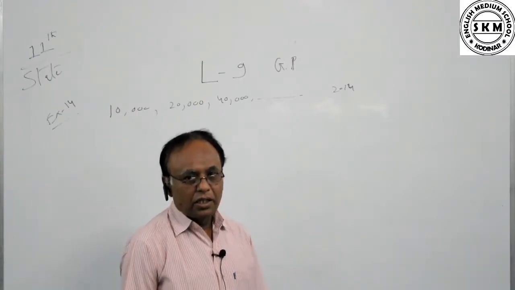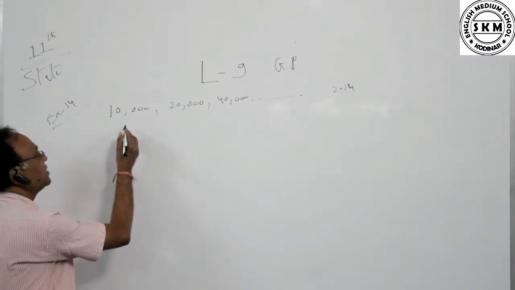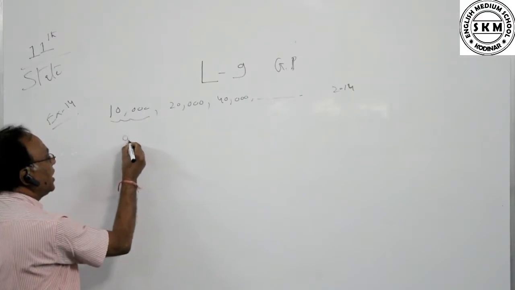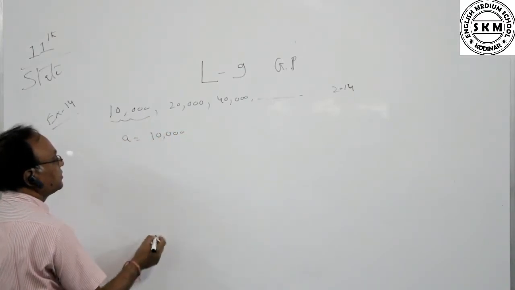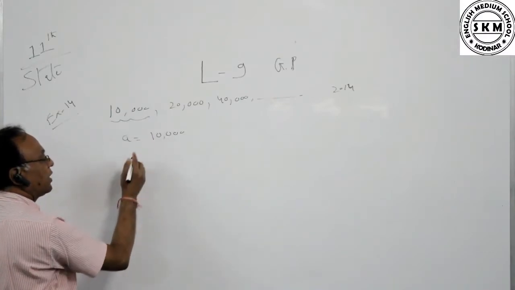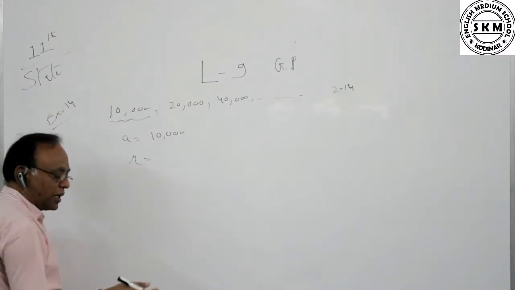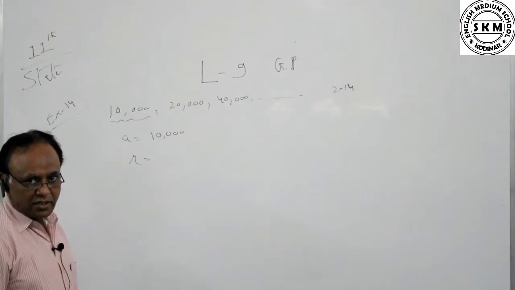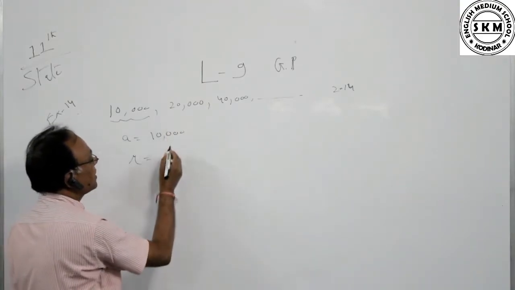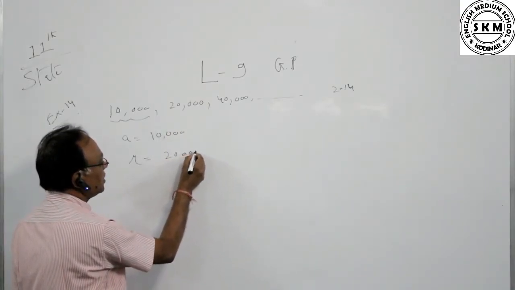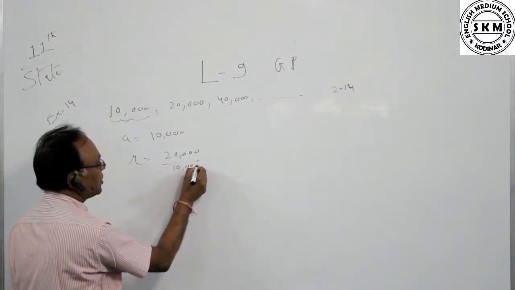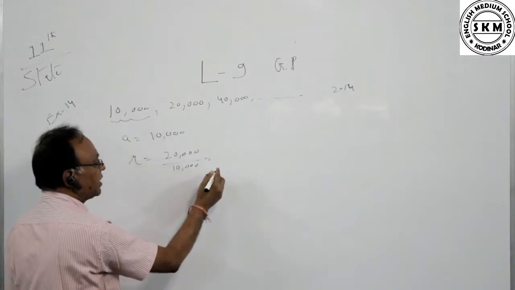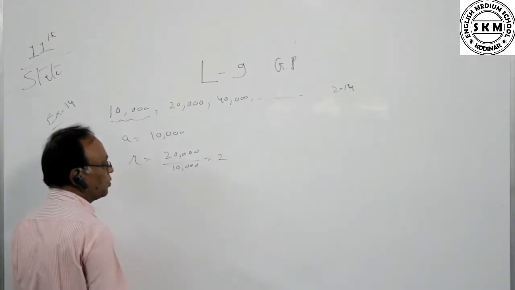Now, here what is the a? a is equal to 10,000. Now, the ratio is already given as twice, meaning the second term divided by the first term, or the third term divided by the second, so here it is 2.